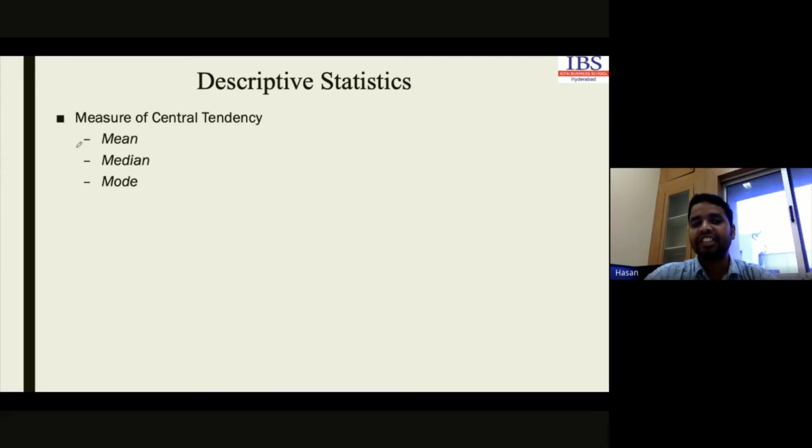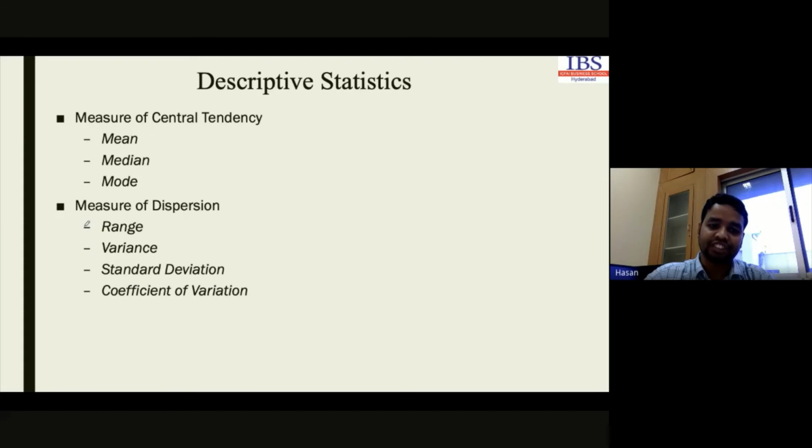In measure of central tendency, we have mean, median, and mode. The next one is measure of dispersion, how our data is dispersed from the target. To measure this, we measure range, variance, standard deviation, and coefficient of variation.